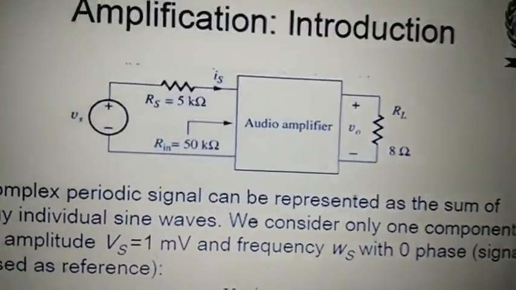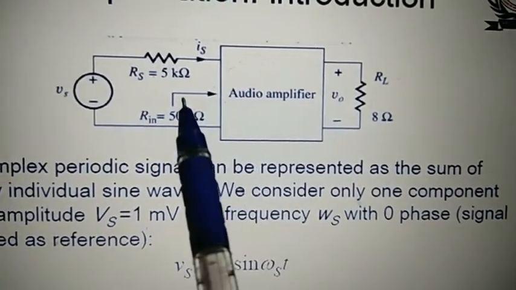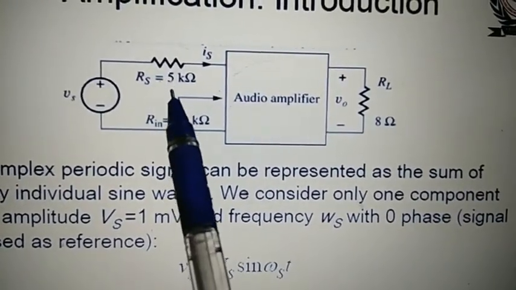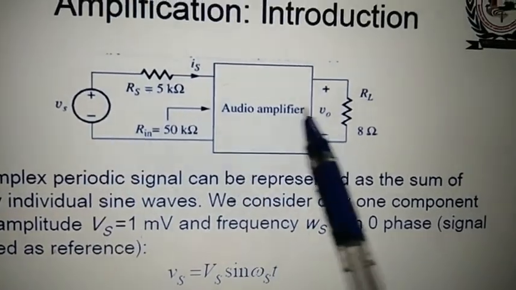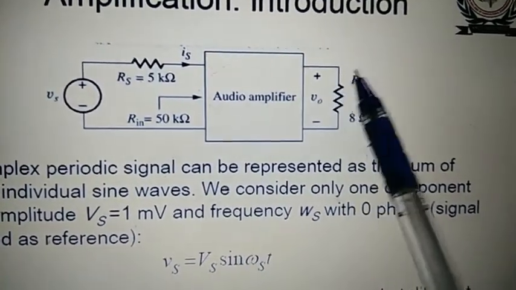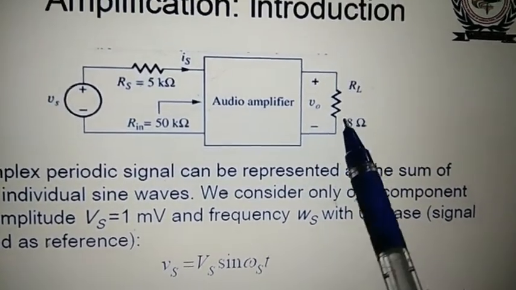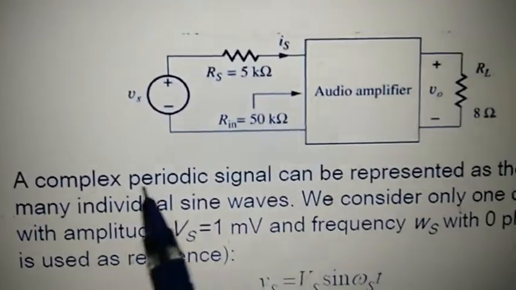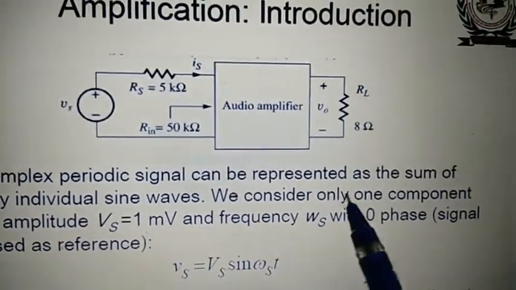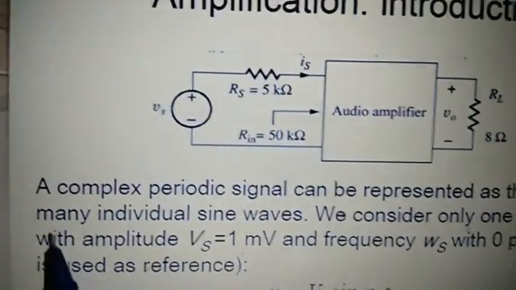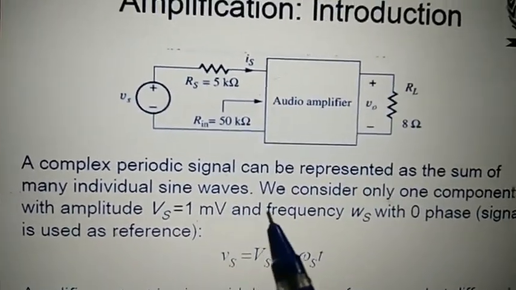Here you can see the audio amplifier. This is the input source resistance RS. This is the source and this is the load. So you will get the output across this load resistance. A complex periodic signal can be represented as the sum of many individual sine waves.